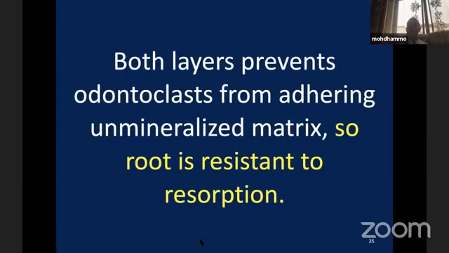Those two layers, pre-dentine and pre-cementum, play a very important role in protection from resorption. They prevent odontoclasts from adhering to the unmineralized matrix, so the root is resistant to resorption.